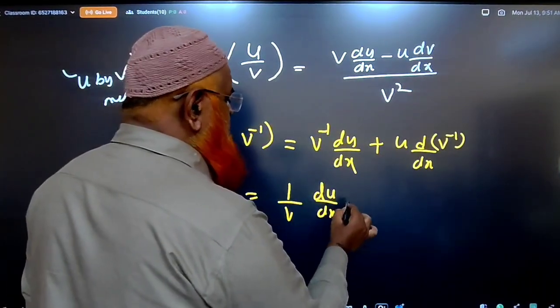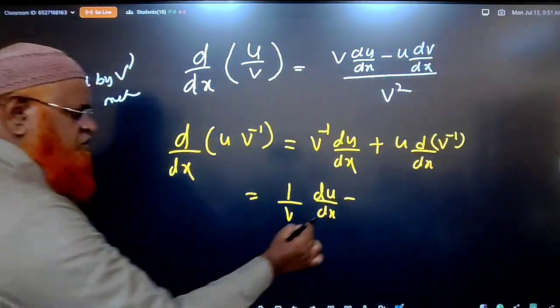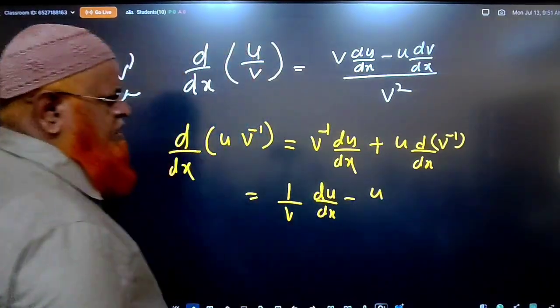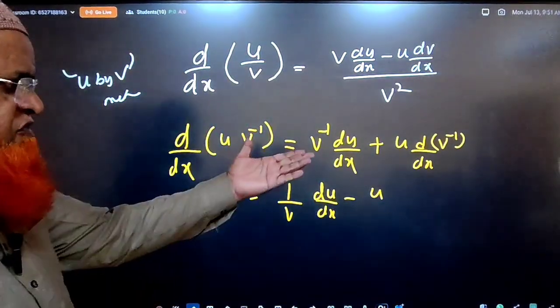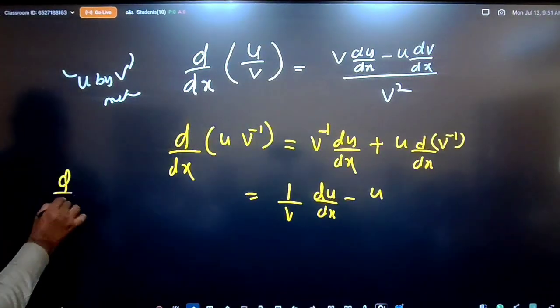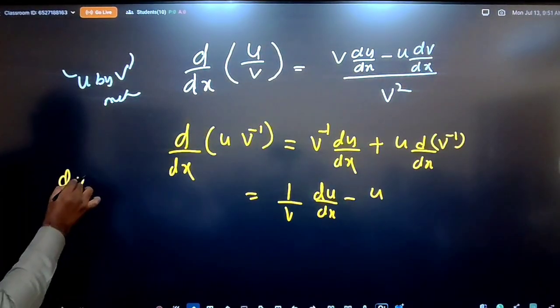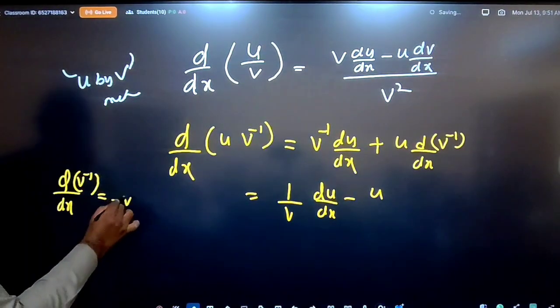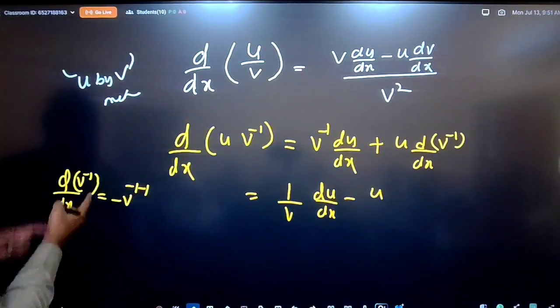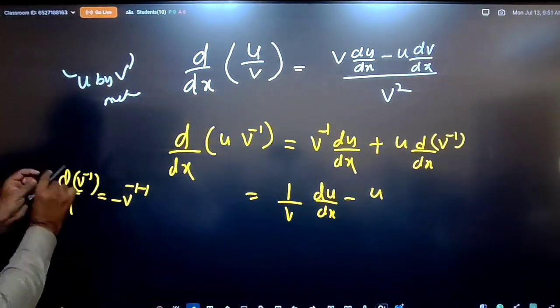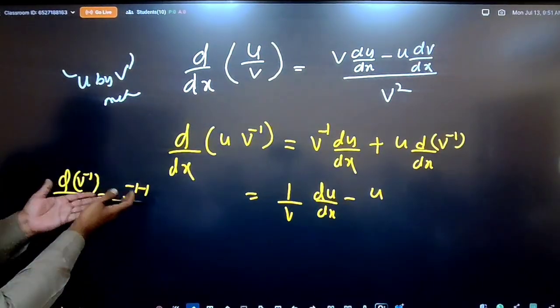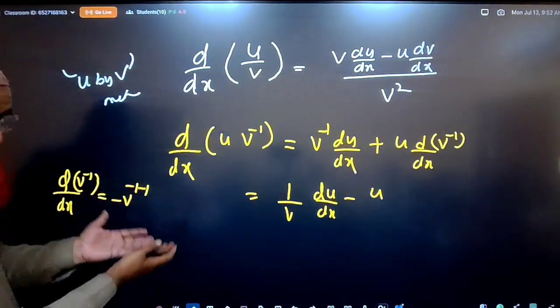So du by dx you will write like that only. You keep it like that only here, and you differentiate d by dx of v power of minus 1. What do we get? Minus n into x power of n minus 1. Here x is v, n is minus 1, into v power of minus 1.